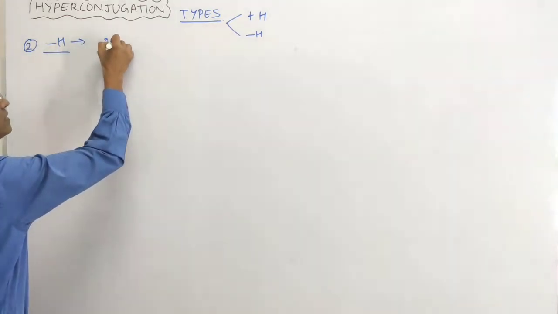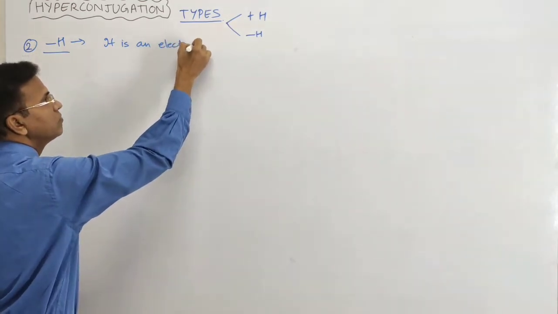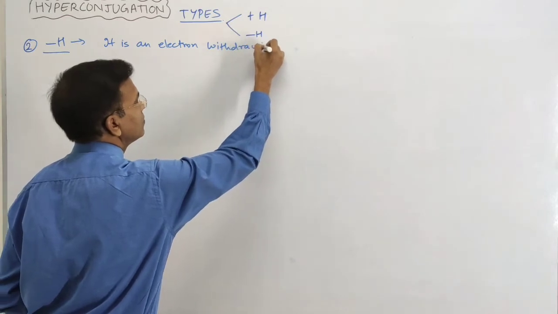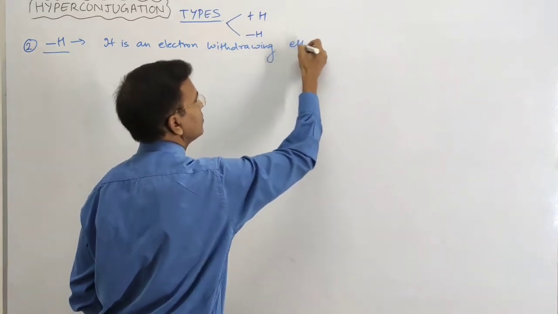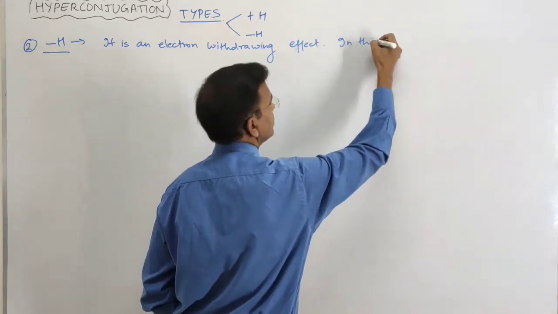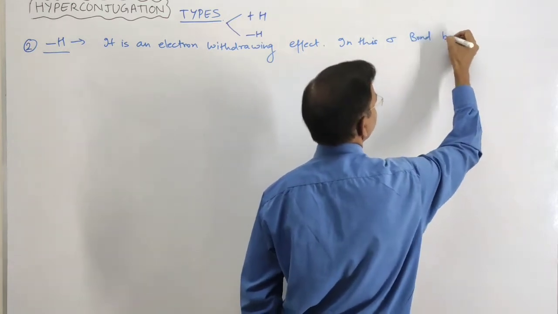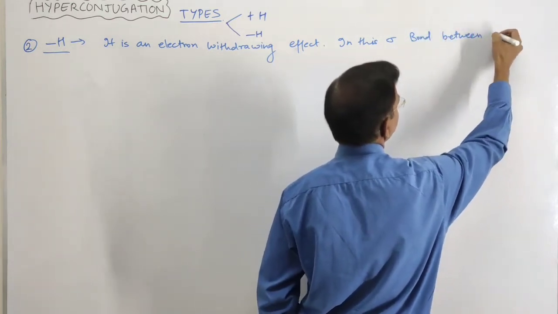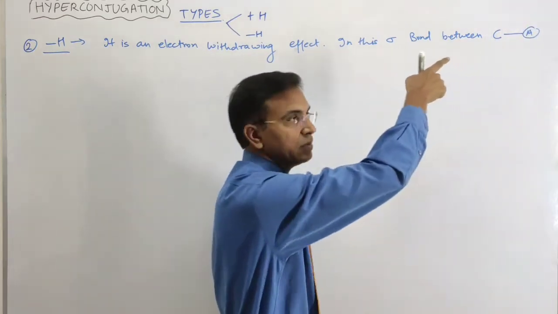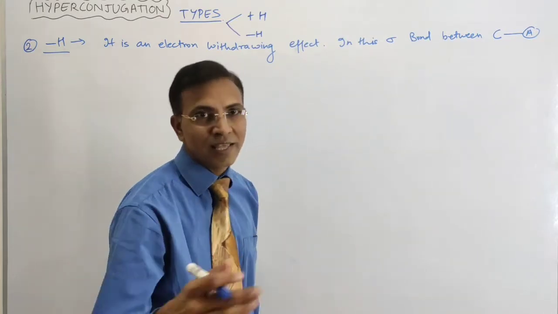So it is an electron withdrawing effect. In this, the sigma bond between carbon and some atom, not hydrogen, because I am going to take another example.